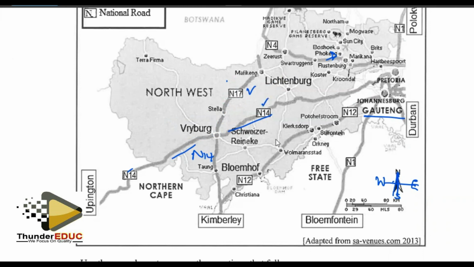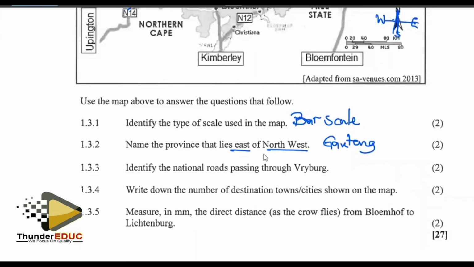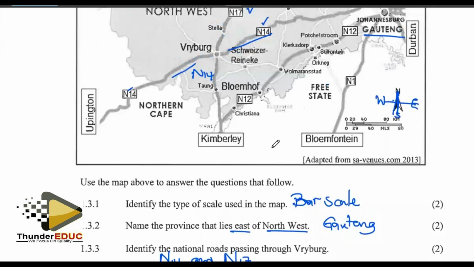It's around Vryburg. All right, those are the steps that we see. So they pass through. They said, identify the national roads that pass through Vryburg. So we say N14 and N17, as we saw it on the map.